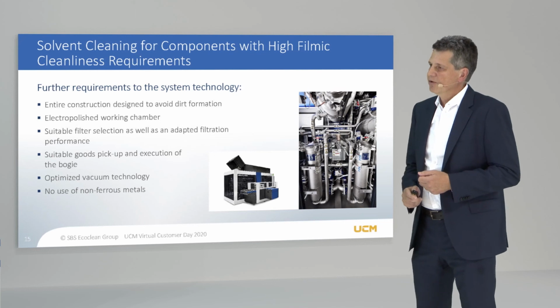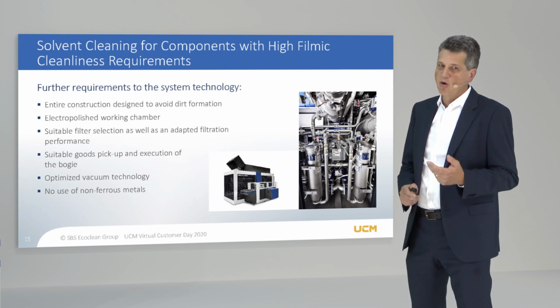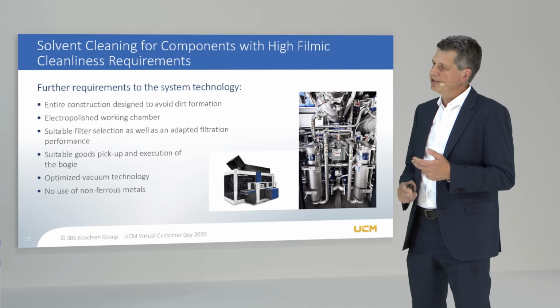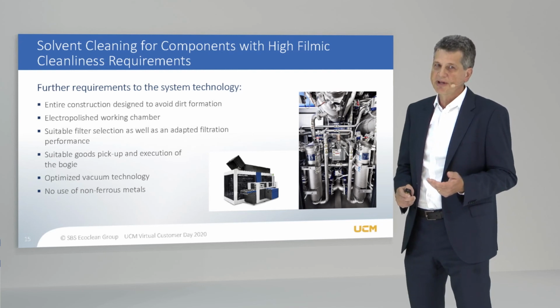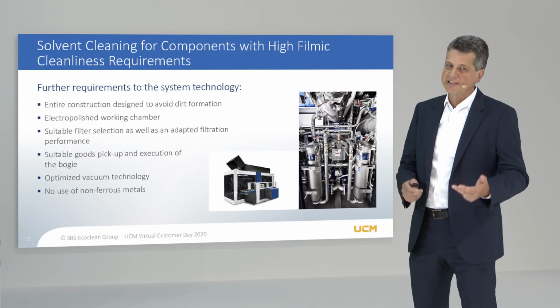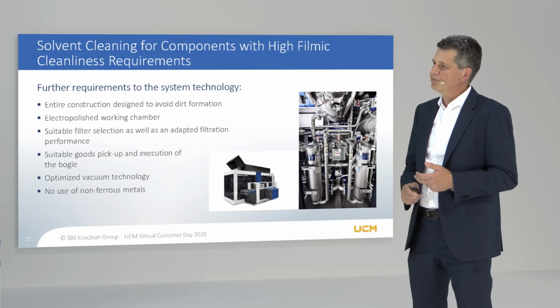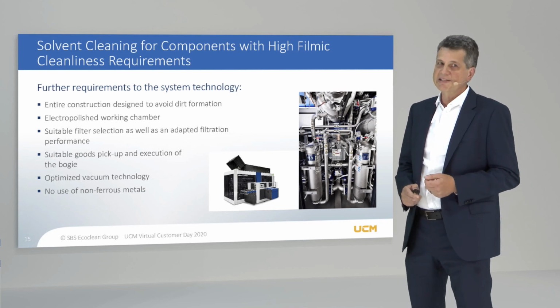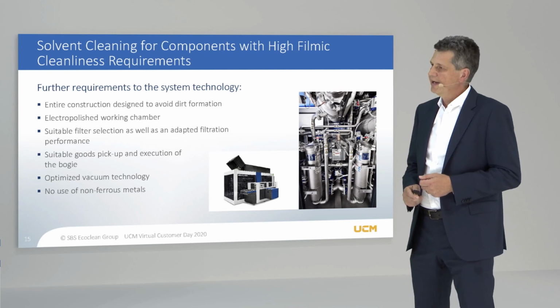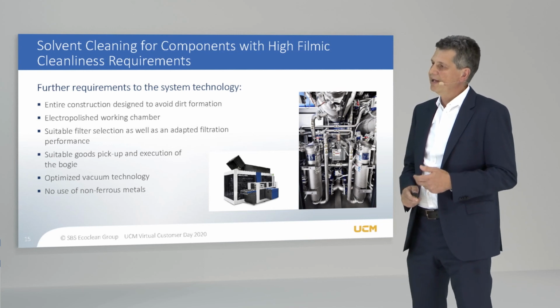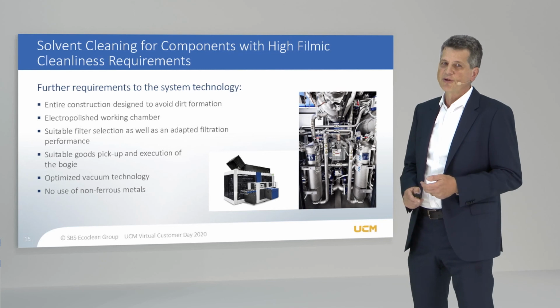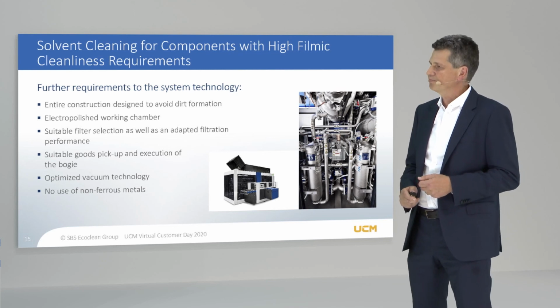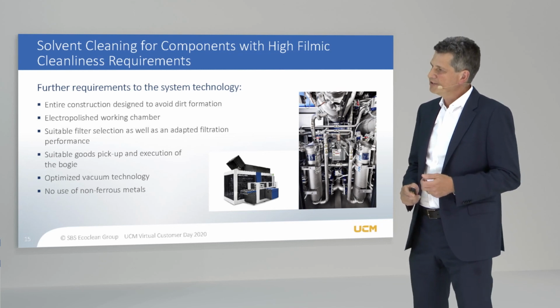And another step was we used suitable holders for the parts and did a redesign of the rotation frame in order to make it more accessible to the parts and create less particles. We also optimized the vacuum technology, and finally we eliminated all use of non-ferrous metals in the machine.